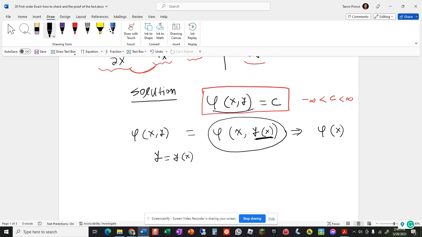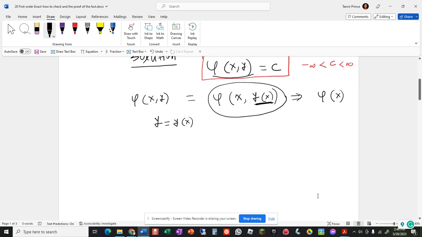That's the solution of the differential equation. y of x is the solution of the differential equation, right? So in this way, you can think of phi at the end of the day as a function of x. So let's think about what will be the derivative of phi with respect to x when we're thinking of phi as a single variable function.